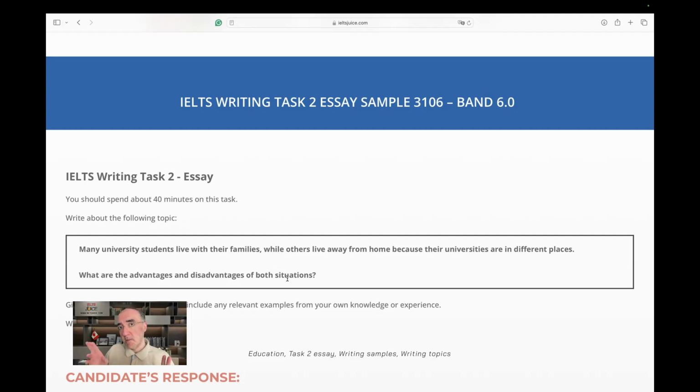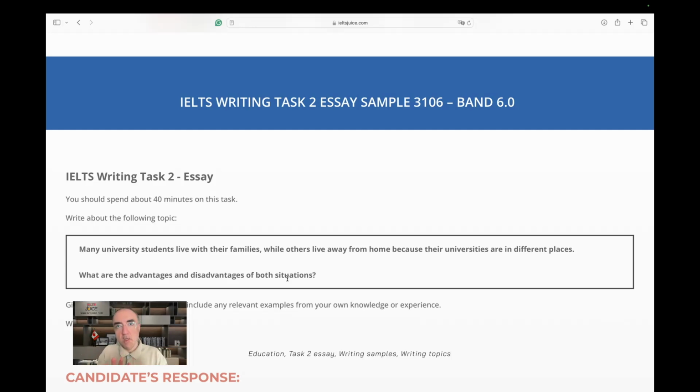On the other part, two advantages and two disadvantages. The rubric doesn't ask us to say which one is higher, so we don't need that part. That's good, but our hands are already full. You see, for each section, we need to come up with four main ideas, at least two positive points and two negative points. And on the other situation, you have two other advantages and two other disadvantages. So it's pretty challenging.